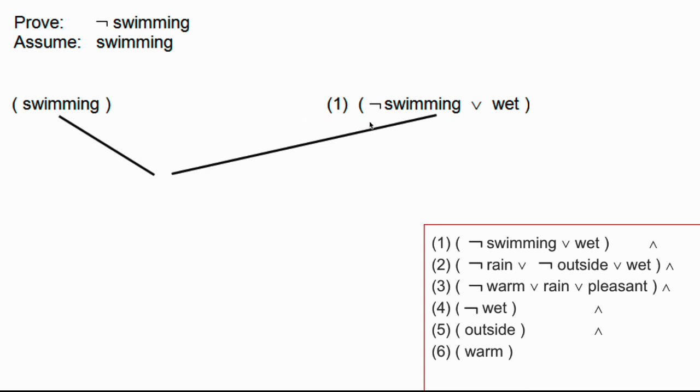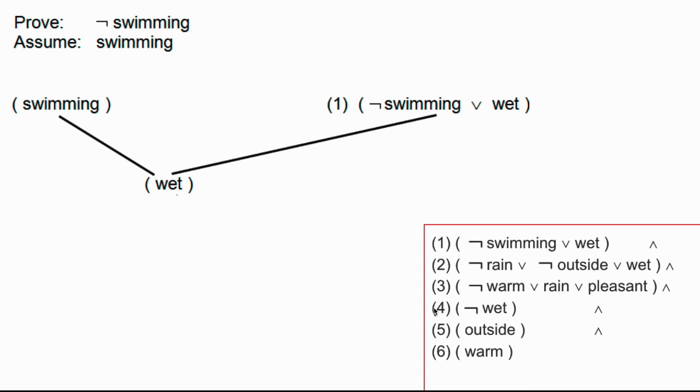So if we take swimming and if we take not swimming or wet, then by combining these two, we can infer that wet must be true. Okay. So if I am swimming, which means swimming is true, which means that not swimming is false. But if this whole thing is true, and if this thing is false, then wet must be true.